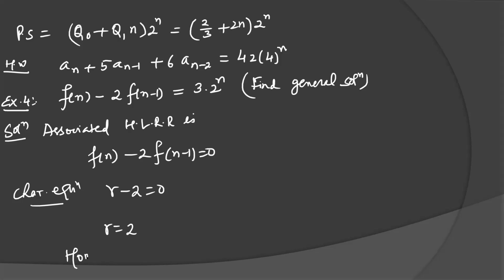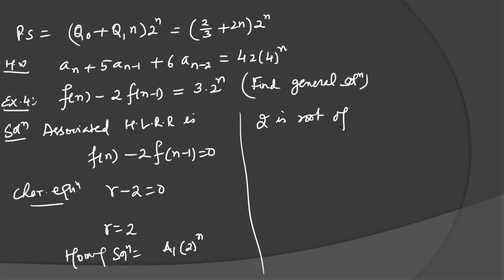So the homogeneous solution will be A1 into 2 to the power n. Now 2 is a root of the characteristic equation with multiplicity. Multiplicity means how many times it is repeated? Only one time. And 2 is present here also.